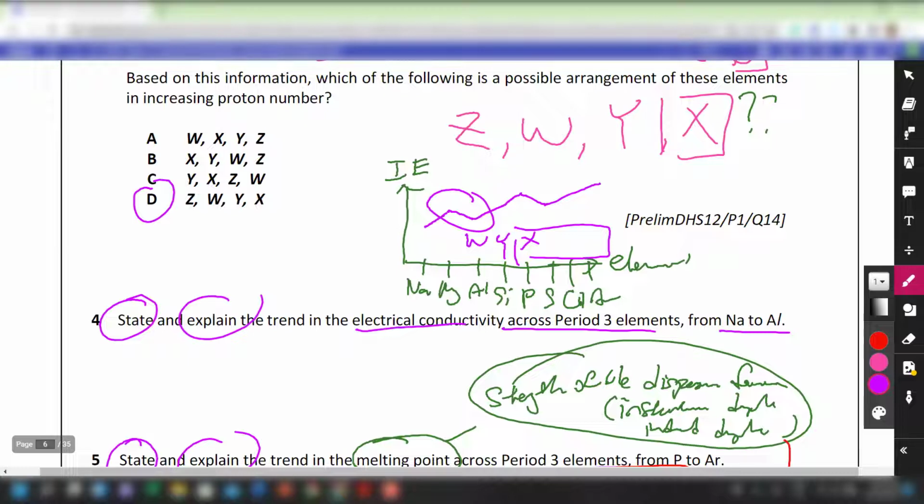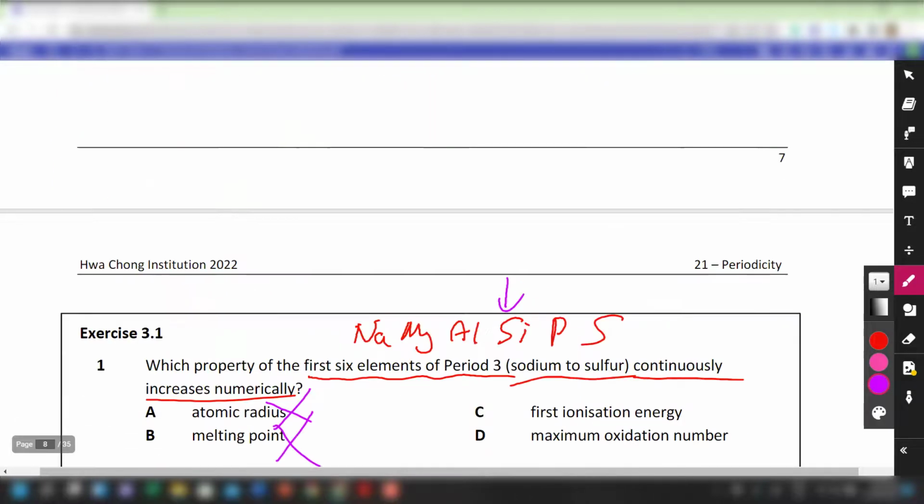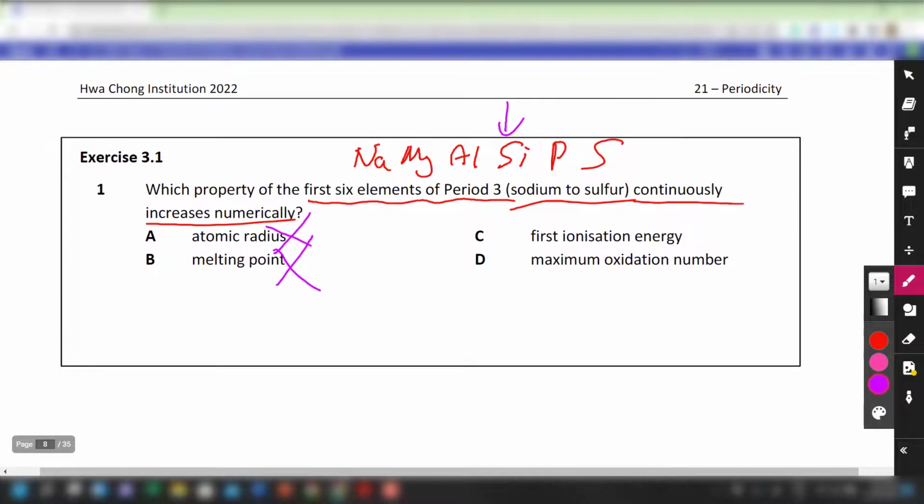So therefore, effective nuclear charge is slightly lowered. Yeah, easier to remove the electron. Okay, and then from P to S, the first instance of pairing occurs in sulfur. So inter-electron repulsion again causes the effective nuclear charge to decrease slightly. Okay, so with that, we are definitely confident that first IE does not increase continuously. Okay, then of course the answer will be D, the maximum.